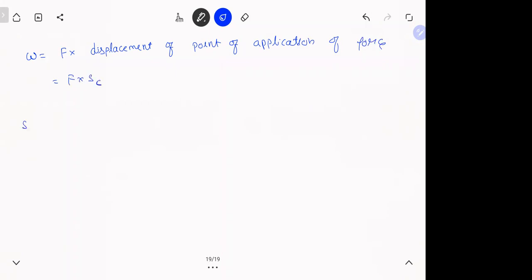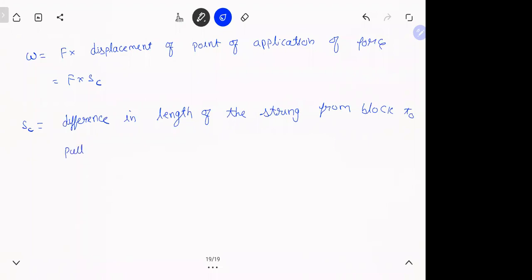So here, work done is force into displacement of the point of application of force. In this case, the point is C. So SC is nothing but the difference in length of the string from block to pulley.